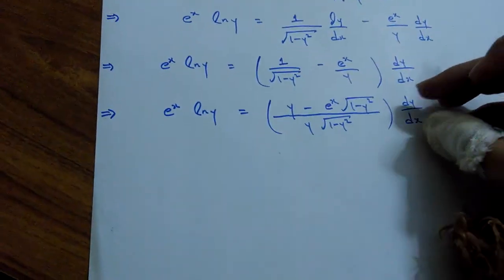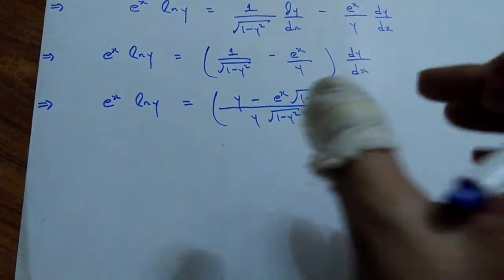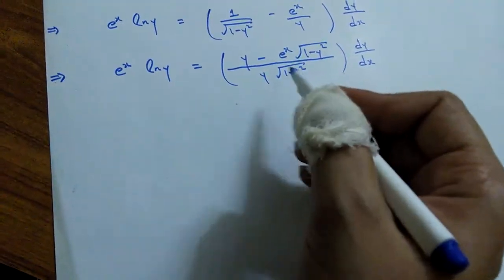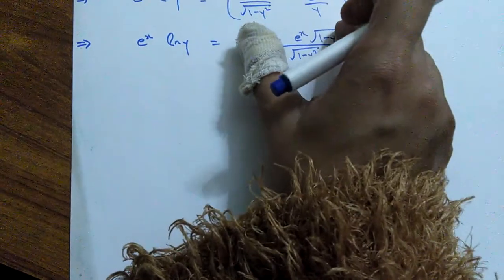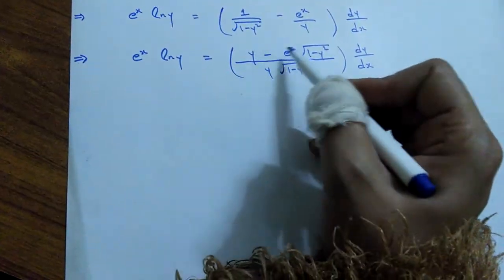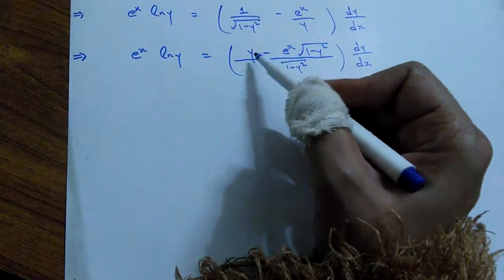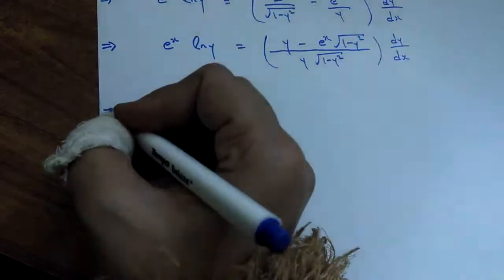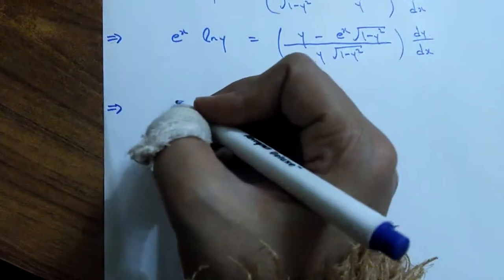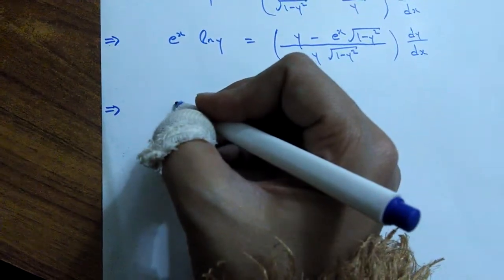Now keep this thing as it is at its place and just shift this thing on the other side, so this thing will move in the numerator at the left hand side, and the numerator of the right hand side will move in the denominator side at the left hand side. Okay, so you just try to figure it out.